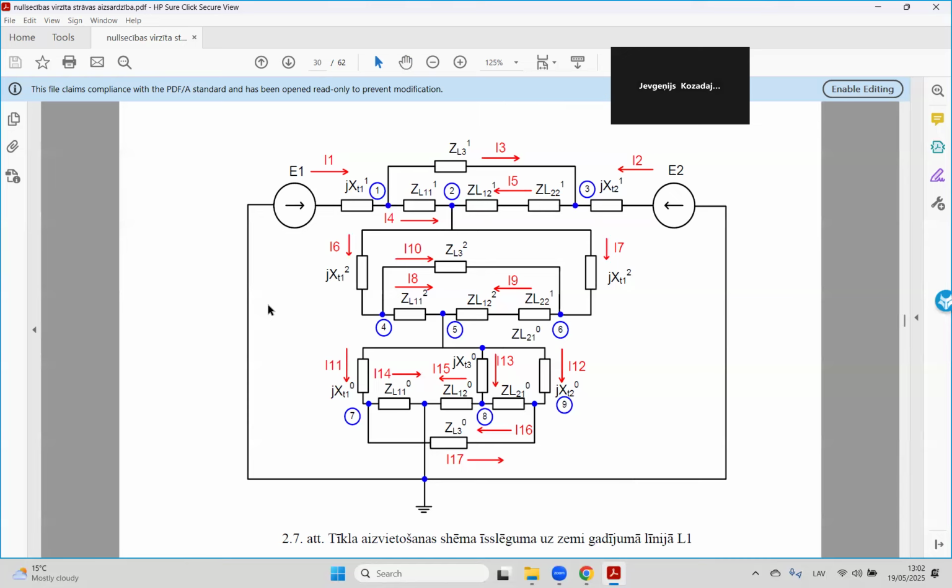What is next? The next step is to name all nodes.